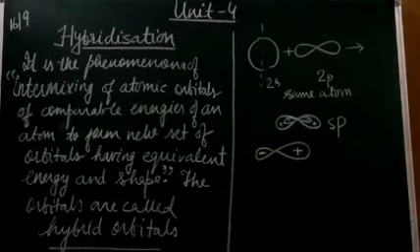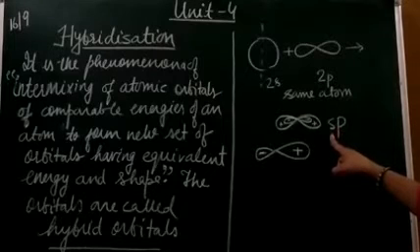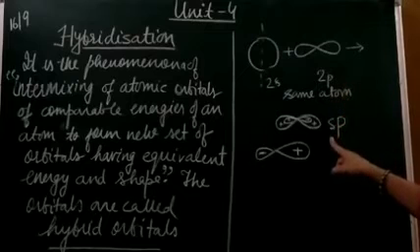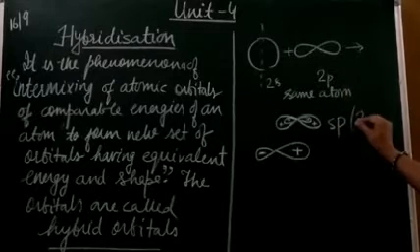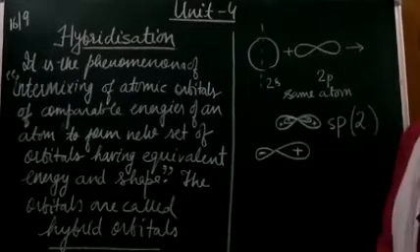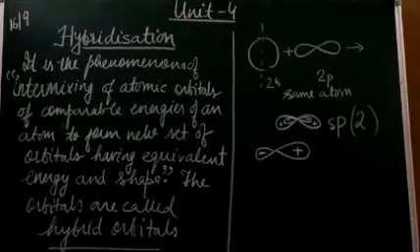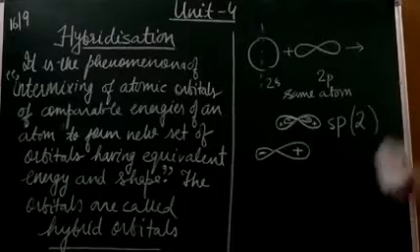The smaller lobe is indicated by the minus sign. Since there were two atomic orbitals, there will be two sp hybrid orbitals formed.